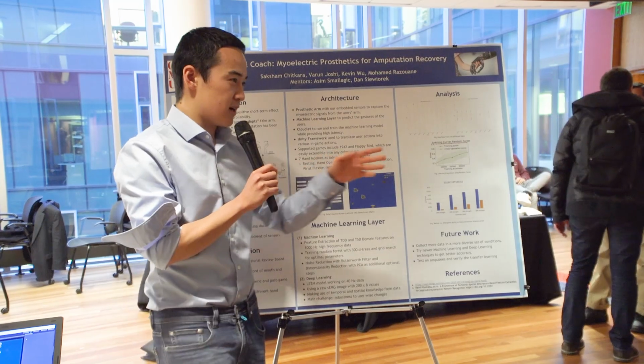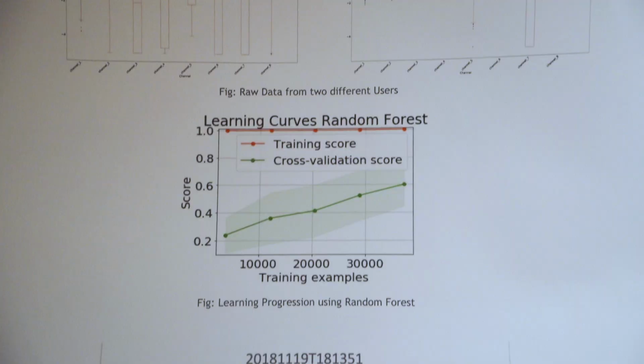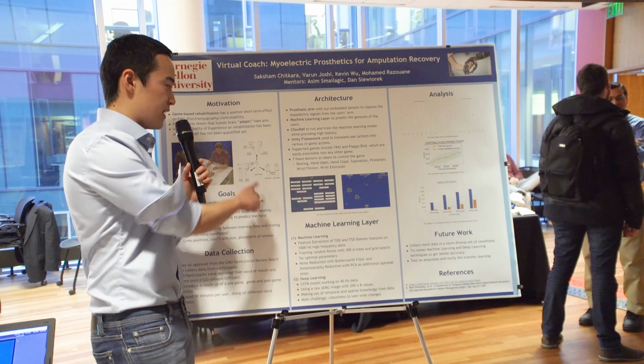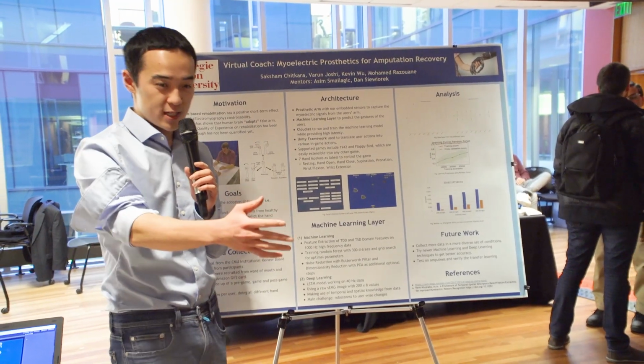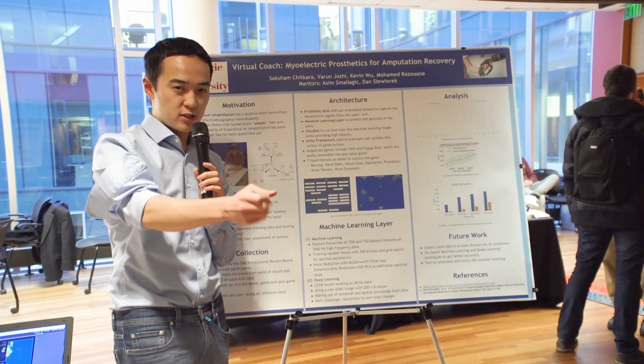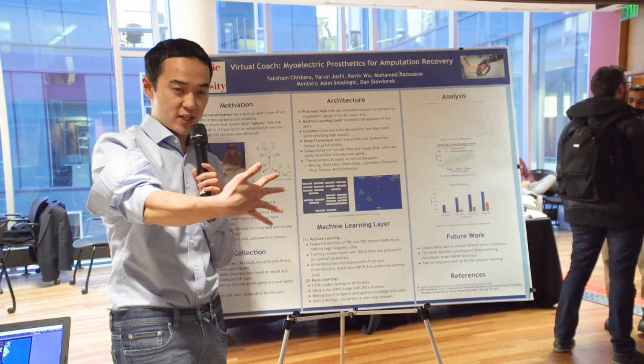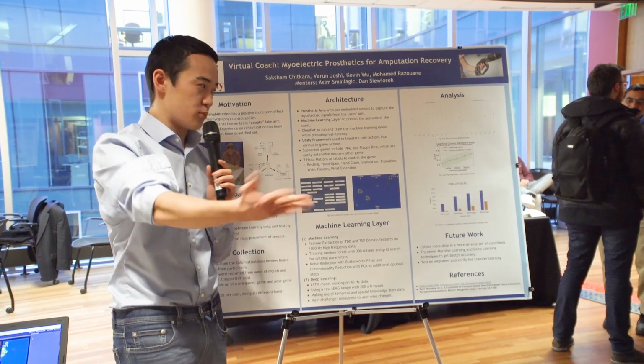So as Varun explained, we trained a random forest model on 15 users and tested on 5 other users for the 7 movements you can see here: the rest position, opening your hand, closing your hand, wrist flexion, extension, supination, and pronation.